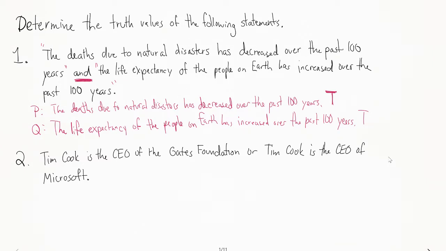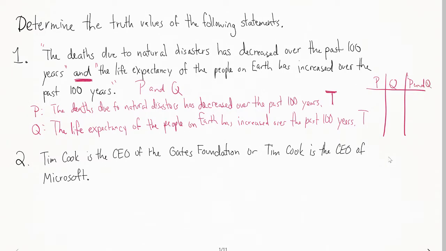So notice the thing we're dealing with essentially is a P and Q. What I like to refer to often, I'm not saying you have to, if you know these by heart, that's awesome, is a truth table. So I do P, Q, and then I do P and Q. And hopefully that's showing up on the screen there.